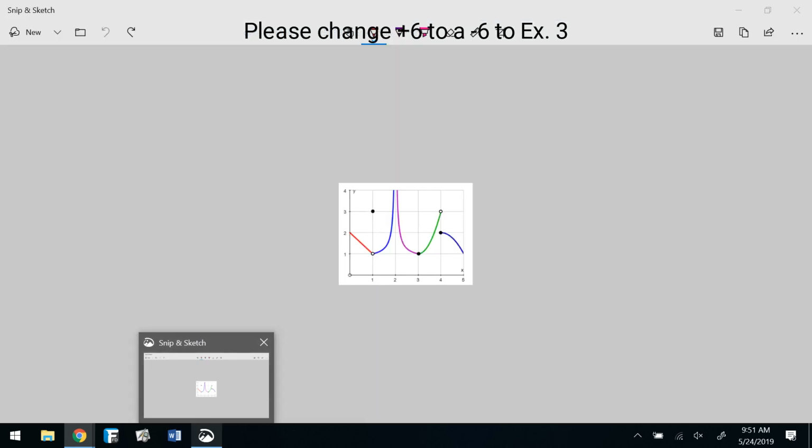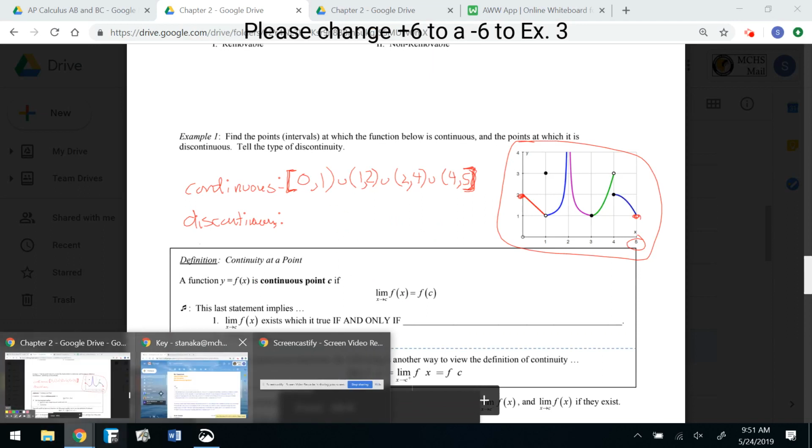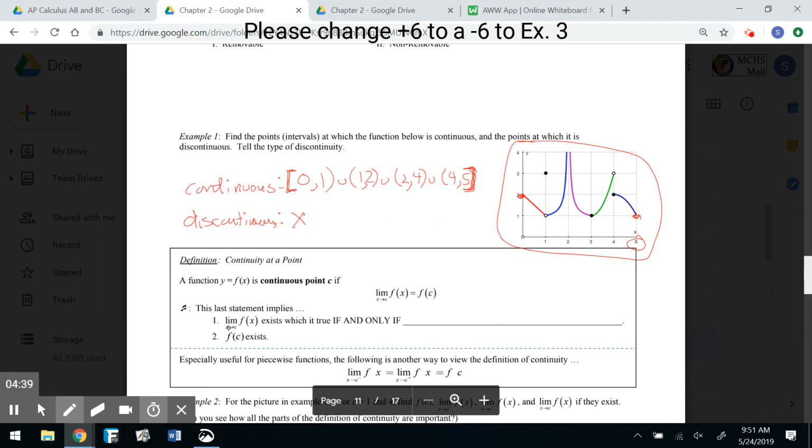It would be discontinuous, sorry guys, at x equals 1. And sometimes we want to describe what kind of discontinuity that would be. That would be a removable discontinuity, okay? What else do we have here? At x equals 2, that's a discontinuity.